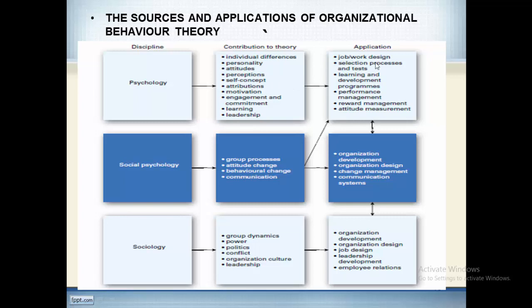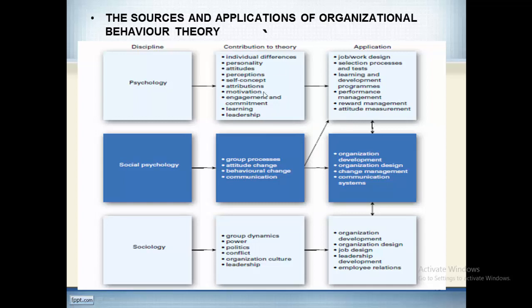These are applied in the job or work design, as well as in the selection process, in learning and development programs, performance management, reward management, attitude management. So this means that psychology is an important part of organizational behavior, which studies the individuals and the groups as individual groups and the organization as a whole.